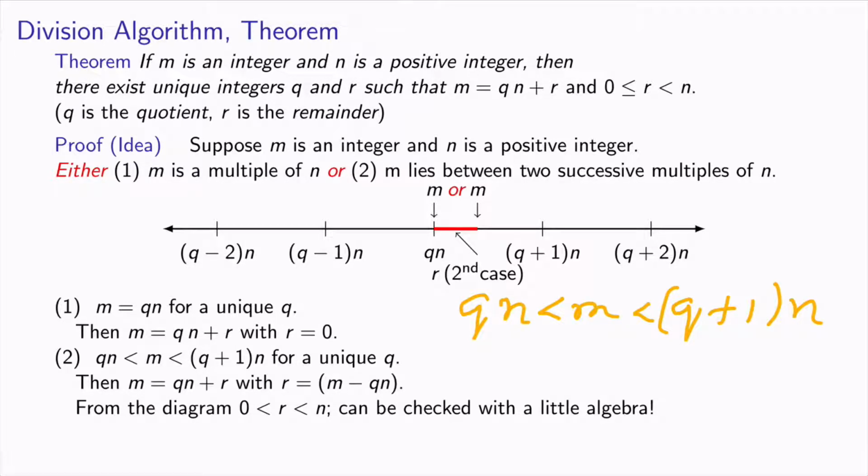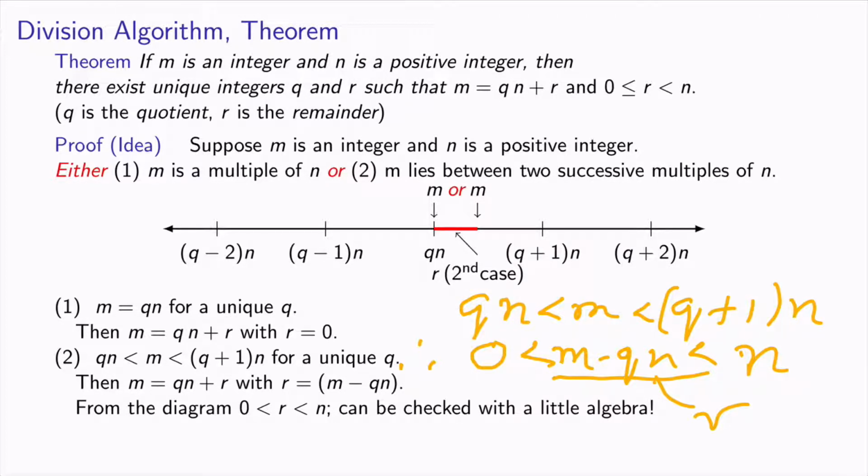So if we subtract qn from each term in there, we will get 0 is less than m minus qn is less than, when we subtract qn from here, we're going to get just n. So just with a little bit of manipulation of inequalities, we have that m minus qn, which is r, lies strictly between 0 and n.